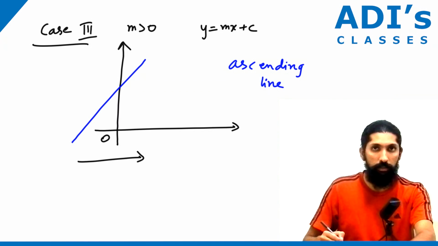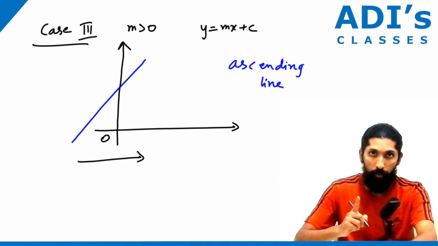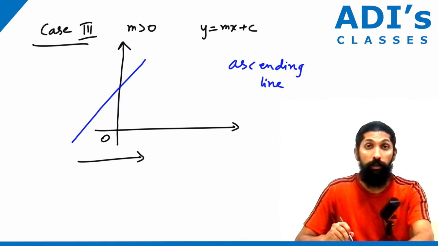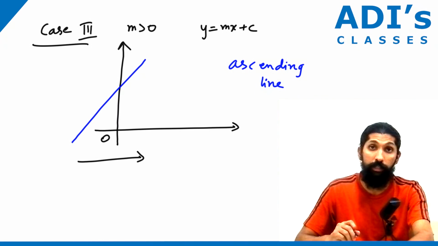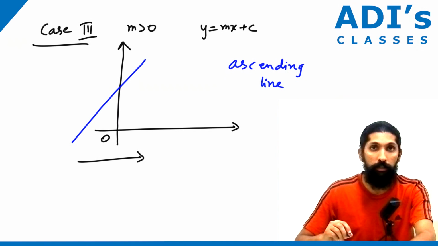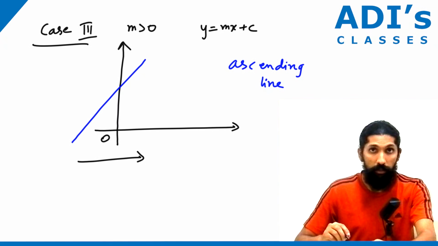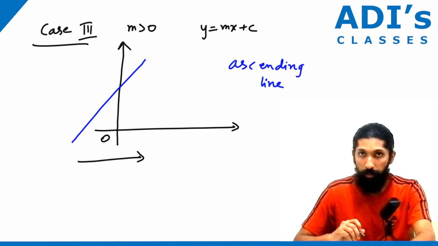Now, these are the three types of slopes which we can define. There is one more type of line where the slope is not defined. What if theta is 90 degrees? What is tan 90? Not defined, isn't it? So, for a line which is parallel to y-axis, the slope is not defined.